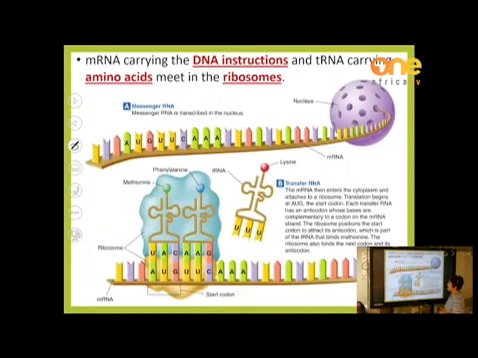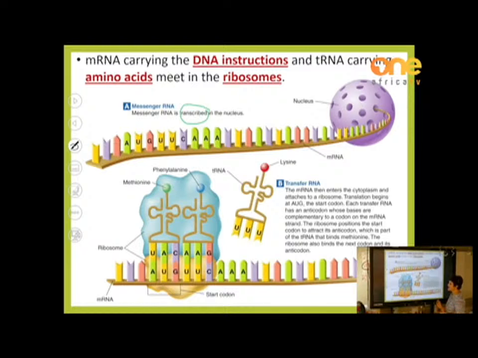Messenger RNA do transcription. mRNA is transcribed in the nucleus. The mRNA can leave the nucleus through the nucleopores because it is small enough. It moves through the cytoplasm and joins the ribosomes.